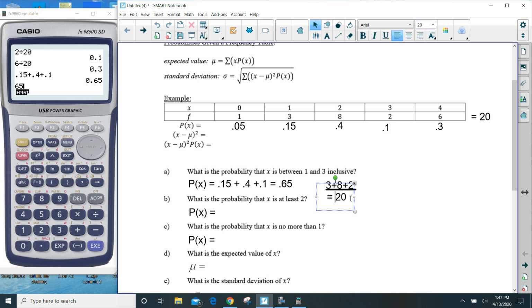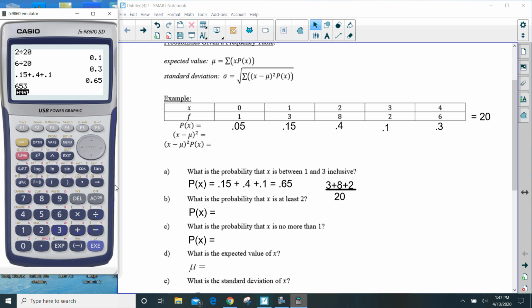Three, 8, and 2 out of 20. Just to prove my point here, that'd be 3, 8, and 2 out of 20, which is 0.65.